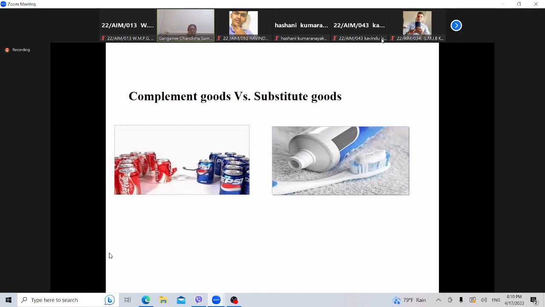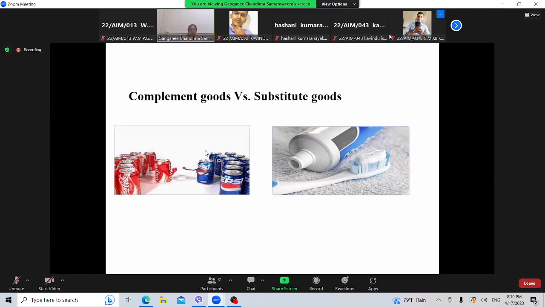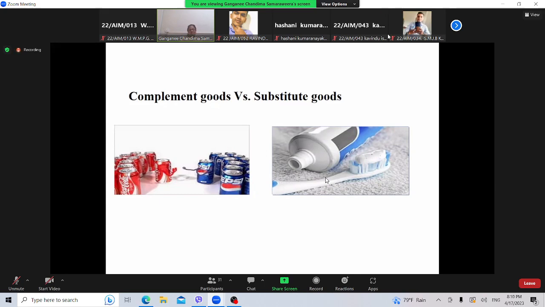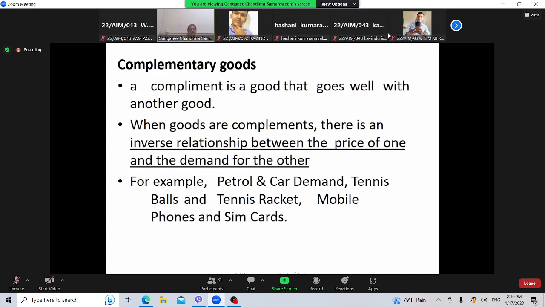See, Pepsi and Coca-Cola. Substitutes. Instead of Coca-Cola, we can take Pepsi. Complementary. Here, toothpaste and toothbrush. Okay, so complementary goods means that goes with another good every time.